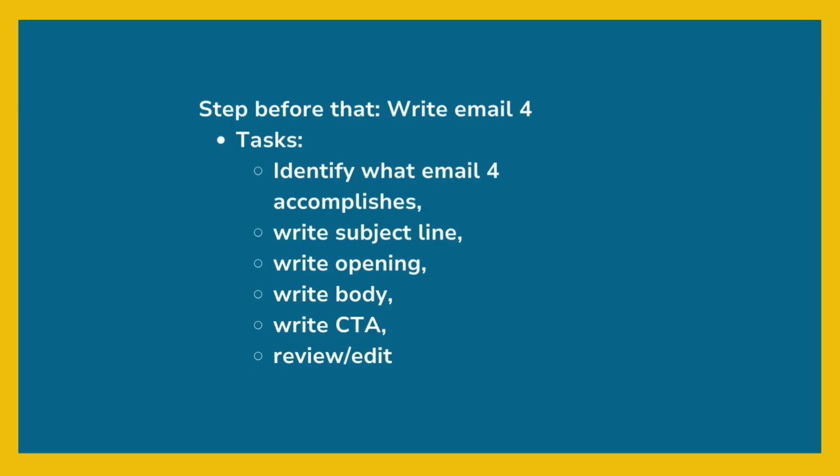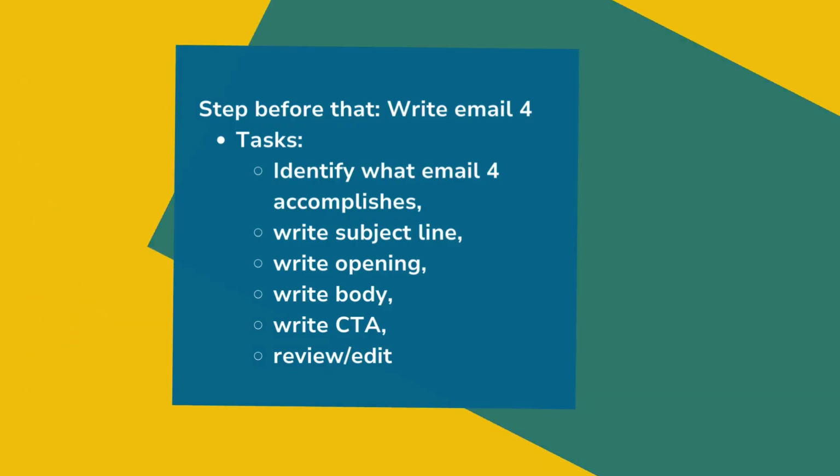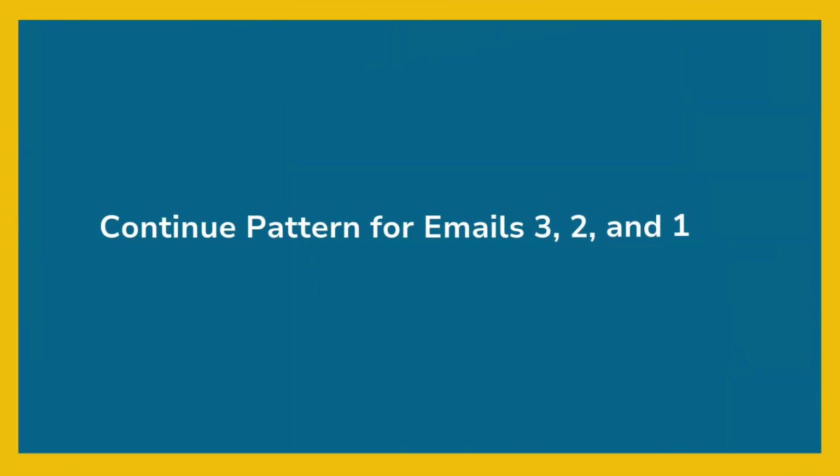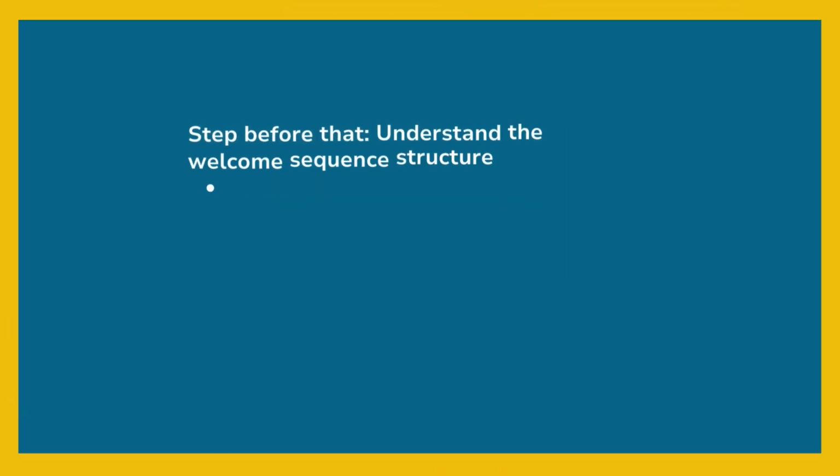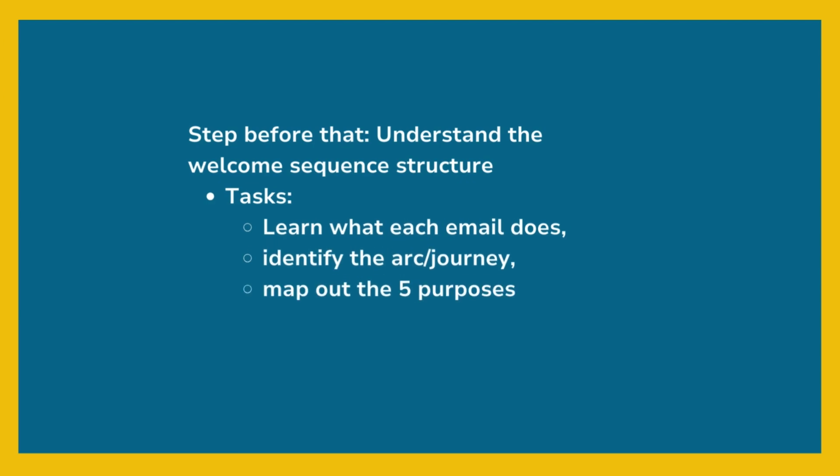And so we continue this pattern for emails 3, 2, and 1. And then the step right before we start working on email 1 might be something like understand the welcome sequence structure, right? And so the tasks under there might be things like learn what each email does, identify the arc and journey, map out the 5 purposes for each email.